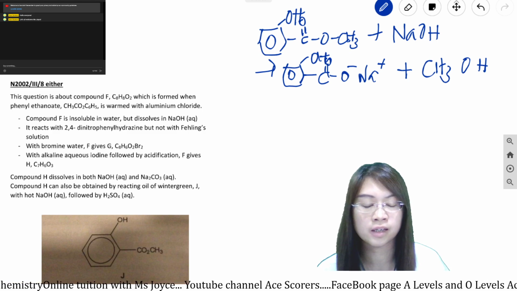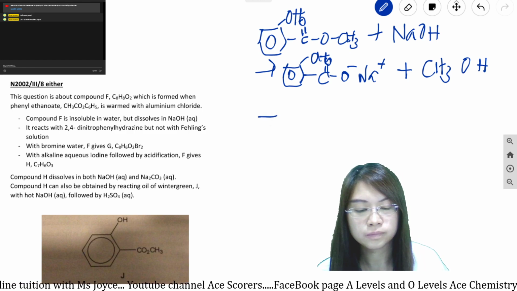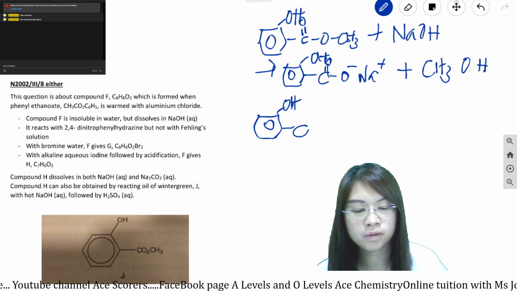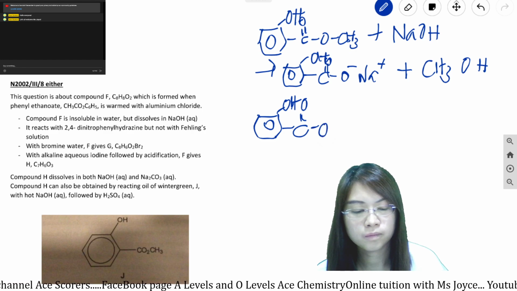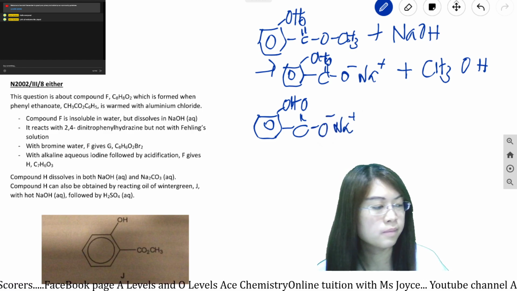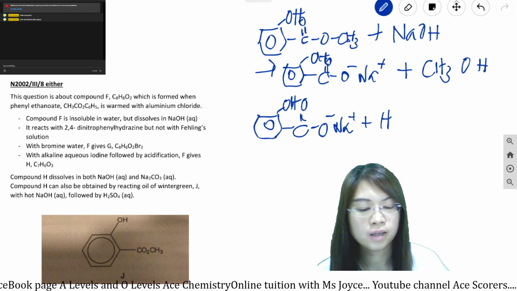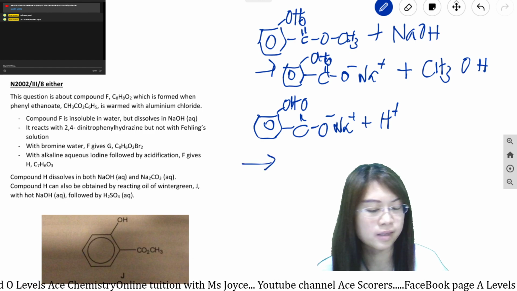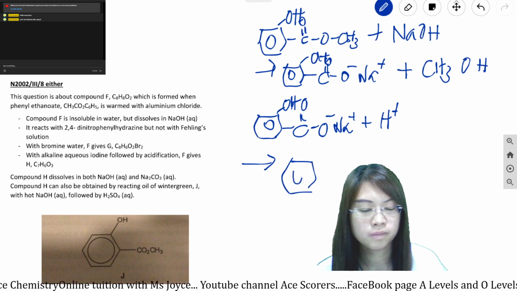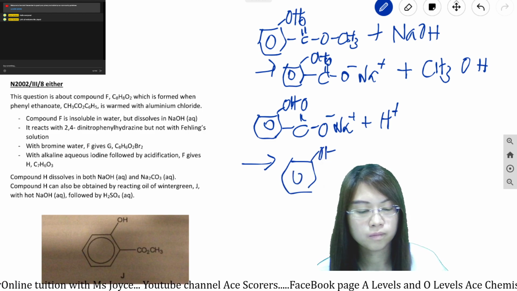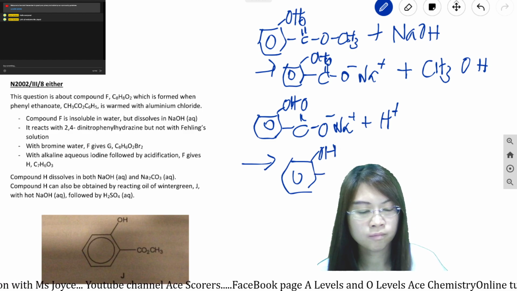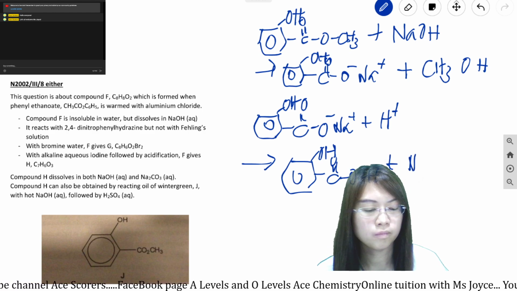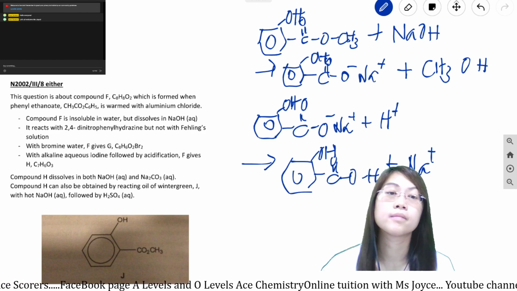So next, because it also mentioned that after the process, the sodium salt is reacted with sulfuric acid, this sodium salt will react with the hydrogen ions from the sulfuric acid to give this substance, and that is compound H. Could you see that?